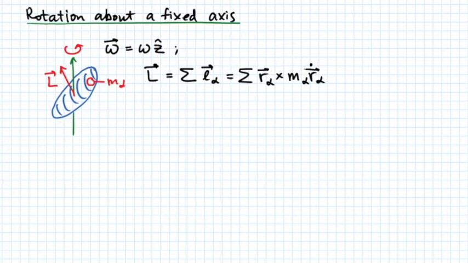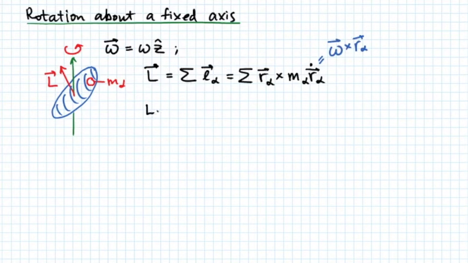Note that the velocity r alpha dot is entirely due to rotation around this fixed axis, which we write as omega cross position r alpha.